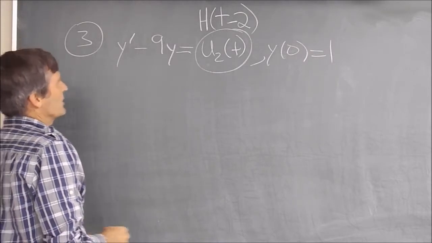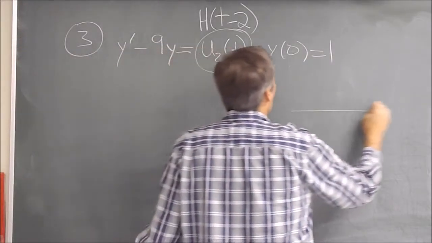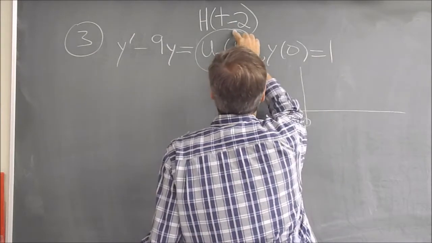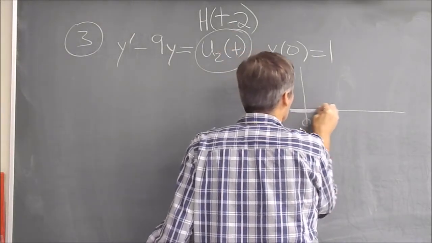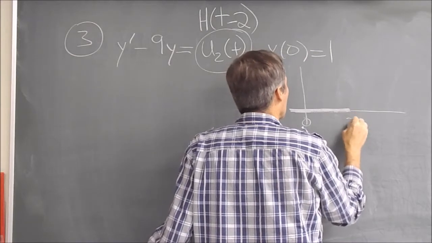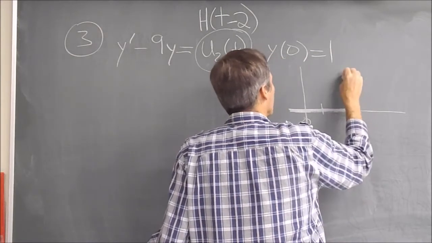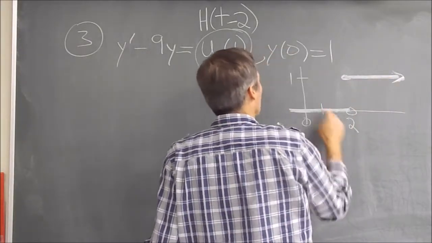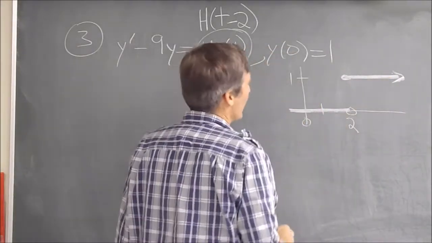It's the step function like this: for t less than 2, it's equal to 0, right? And then at t equals 2, it jumps up to 1. So it's a unit step at t equals 2. That's what that is.